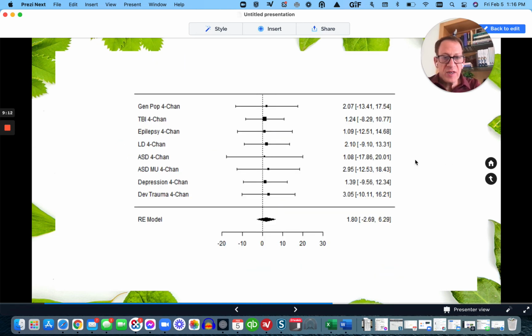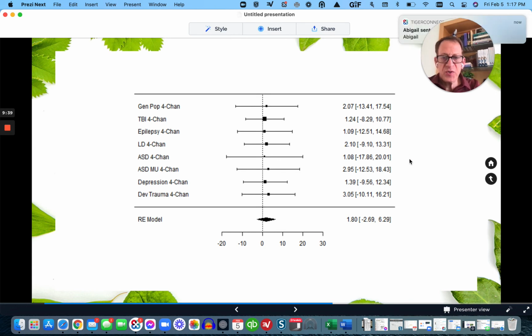These are the effect sizes for each of the subject samples, and you'll notice that the largest ones include the ASD mirror neuron grouping, developmental trauma, learning disabilities, and our general population study that we did.